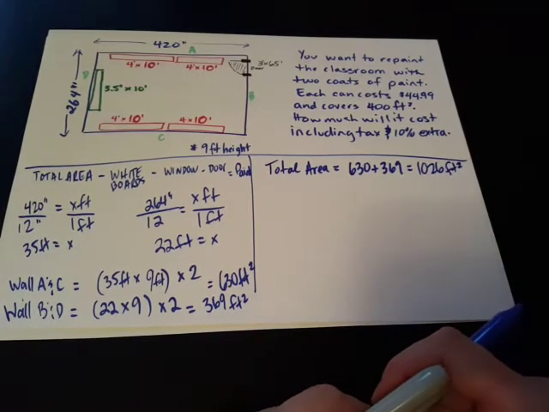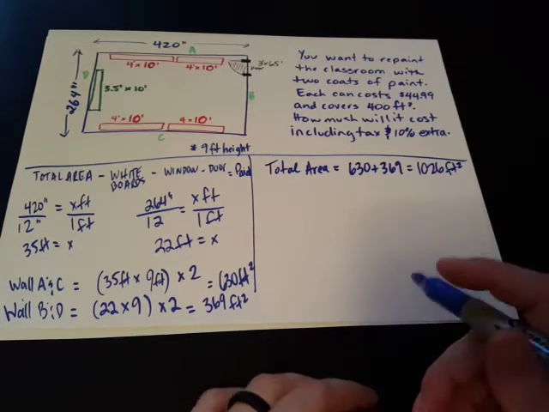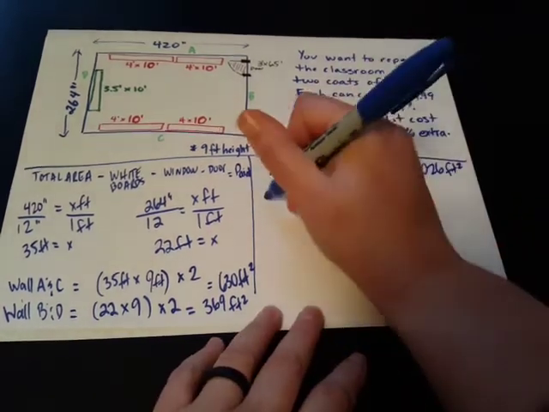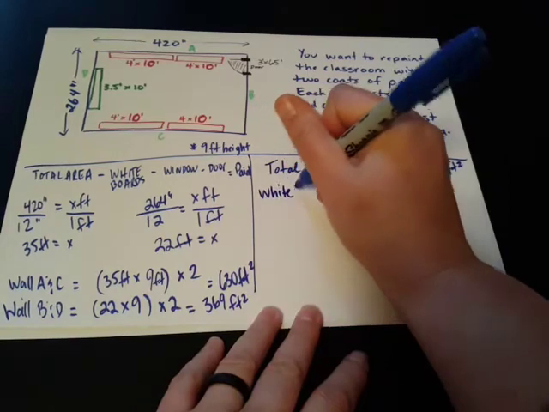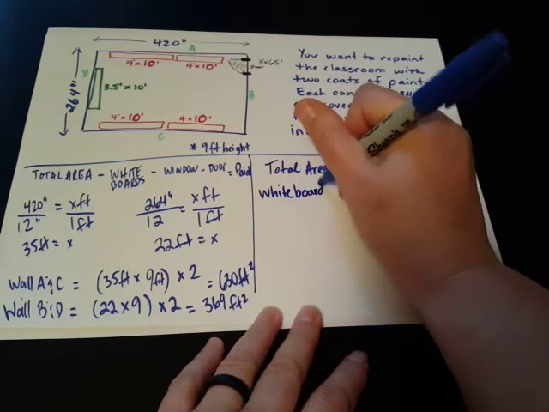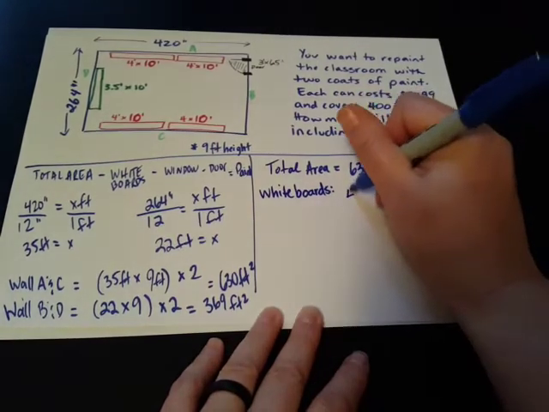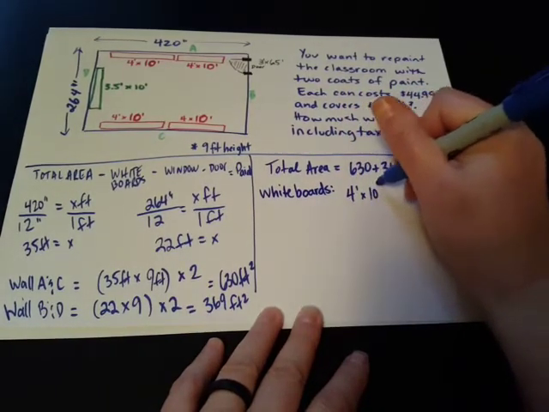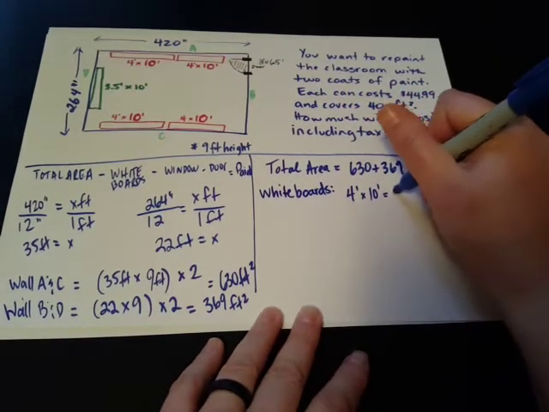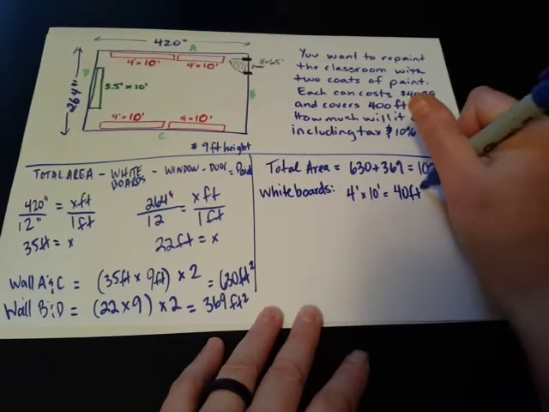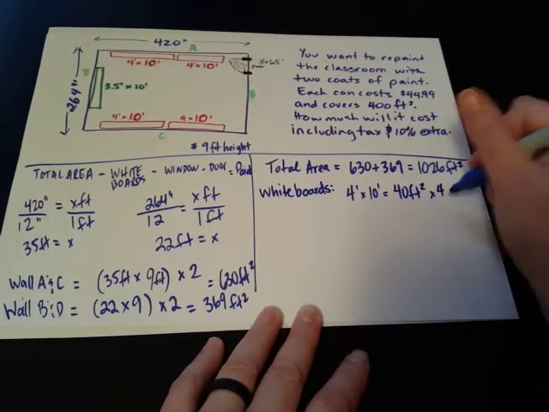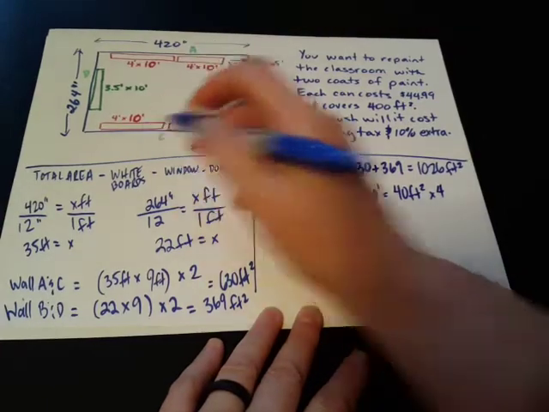Now we're going to have to find out the area of things like the whiteboards, the windows, the doors. So the whiteboards are 4 feet by 10 feet, which gives us 40 square feet for one whiteboard. And we have 4 of them: 1, 2, 3, 4.